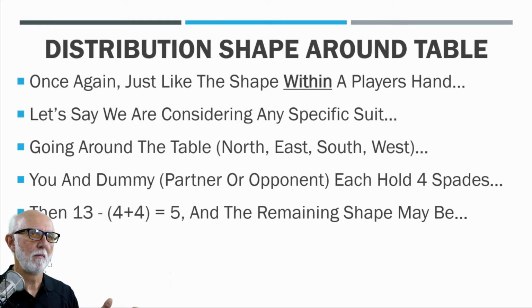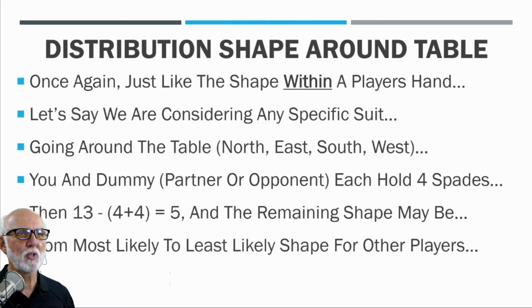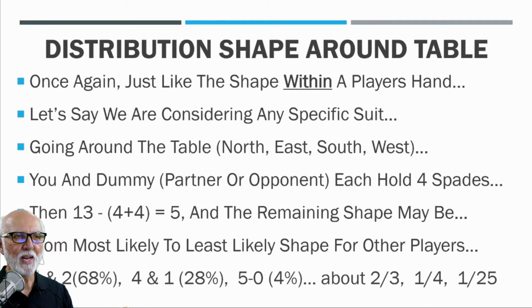Then 4 plus 4 from 13 is 5. Okay, sure. And the remainder of the shape may be from most likely to least likely. Go ahead and be thinking about that in your mind. Here we go. 3 and 2, right? They can't break evenly this time, so slightly uneven is 2/3 of the time, 68%.